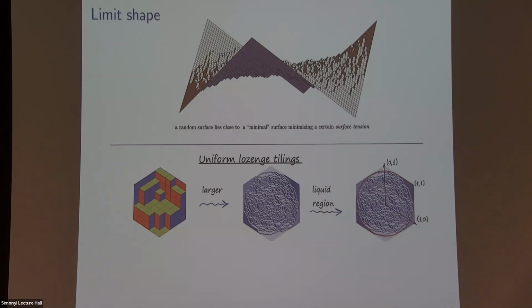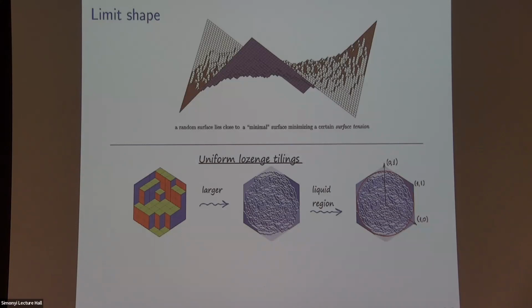It is known that those surfaces concentrate around some minimal surface which minimizes a certain surface tension. This result is known for all dimer models with regular lattices and regular weights.